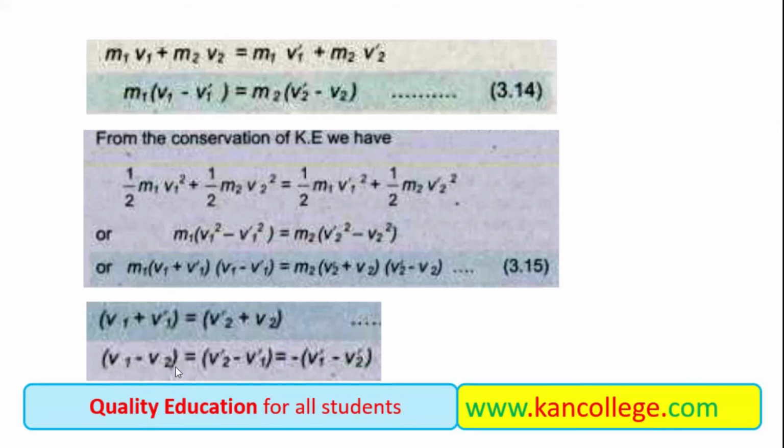Initially they were getting closer, and after collision they are getting separated with the same velocity. It only happens in the case of elastic collision that when two balls collide, the speed of approach is always equal to the speed of recession.